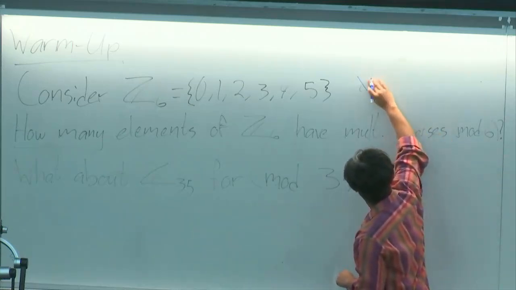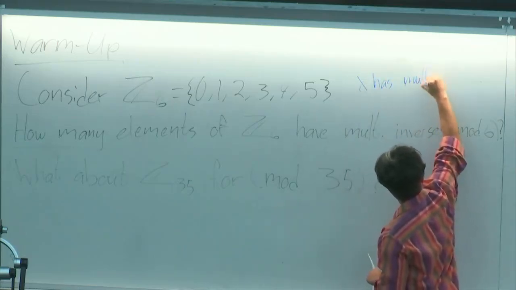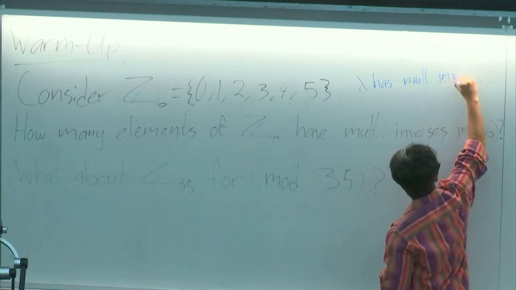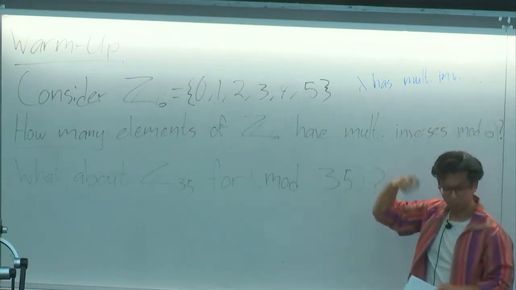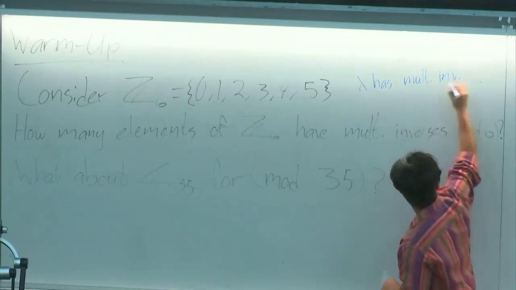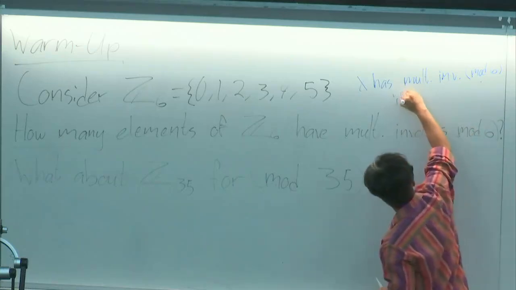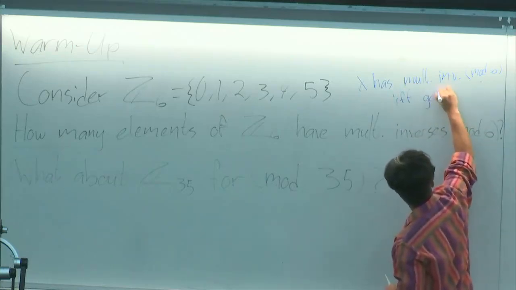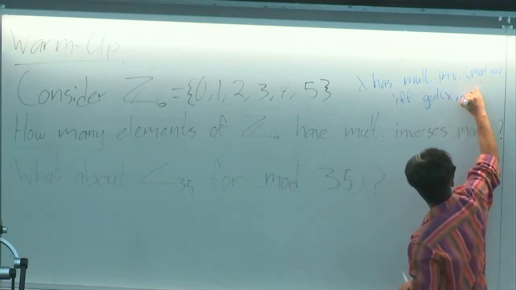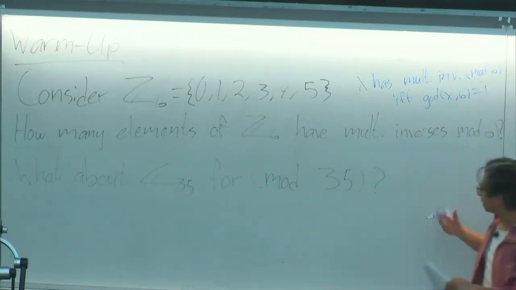We've seen this a few times now, but it's fast, so we have to keep seeing it. x has a multiplicative inverse mod 6 if and only if the GCD of x and 6 is equal to 1.